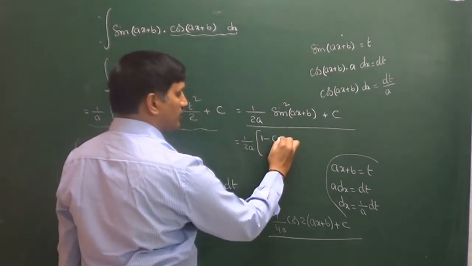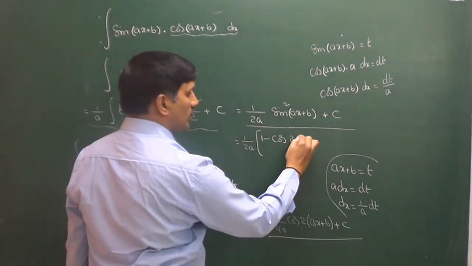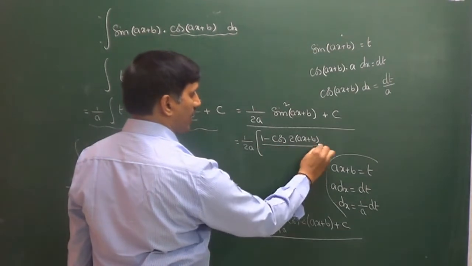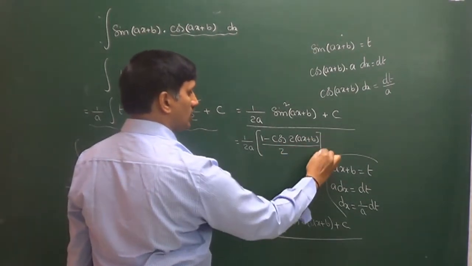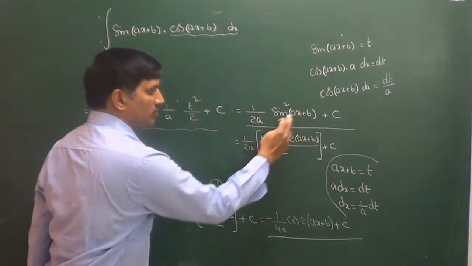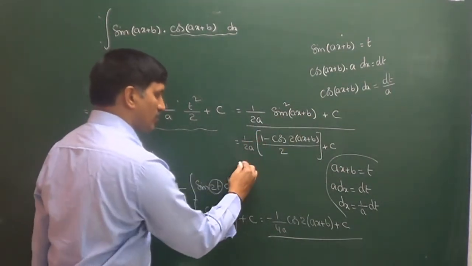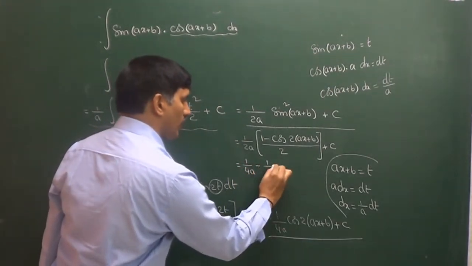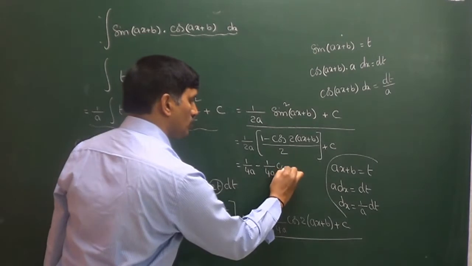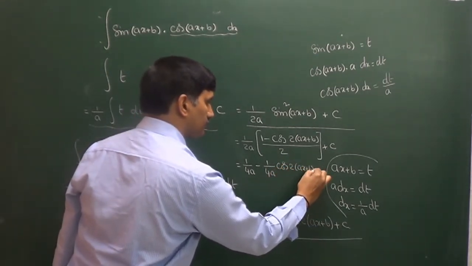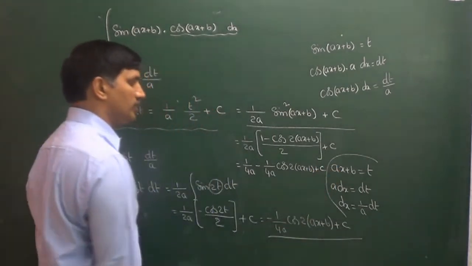Sin square theta can be written as 1 minus cos 2 theta divided by 2 plus the constant of integration. That is the sin square theta formula in terms of cos. Now we can write this one as 1 by 4a minus 1 by 4a into cos of 2 times ax plus b plus the constant of integration.